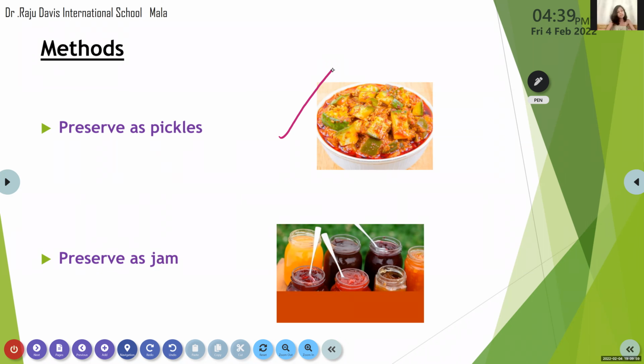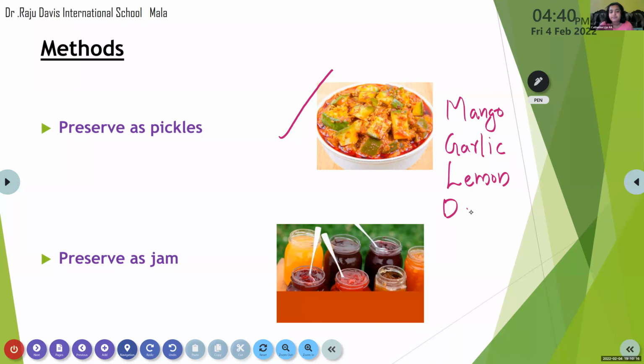What are the different types of pickles? There is mango pickle, garlic pickle, date pickle, prawn pickle, fish pickle, beef pickle.